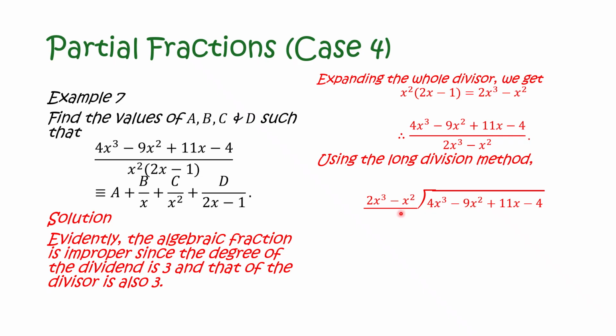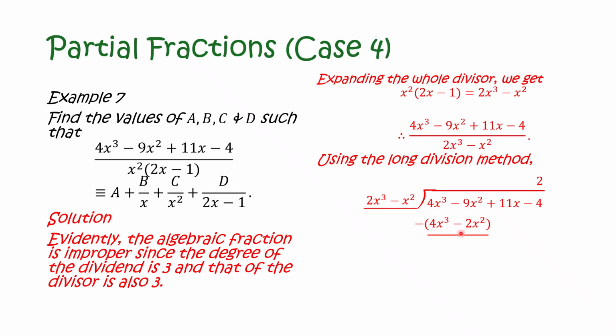So recall, we divide the leading term of the divisor into the leading term of the dividend so that we get 2 over here. When we say 4x cubed divided by 2x cubed, we get a 2. Then we multiply that 2 with every term in the divisor. We are going to have 4x cubed minus 2x squared.